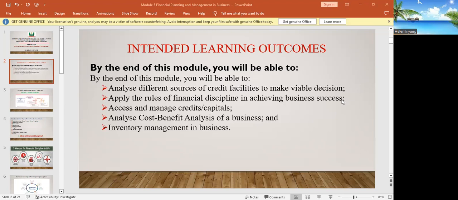You'll also be able to apply financial discipline in achieving business success. You'll be able to assess and manage credits as well as capital. You'll also be able to analyze the cost-benefit of a business and look at inventory management in business. You'll be able to explain and also carry out inventory management.